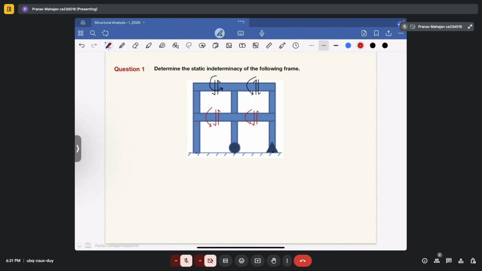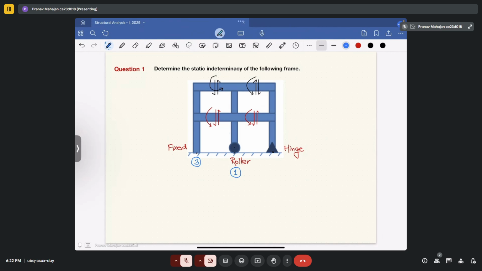Now talking about the unknowns at the supports. This is your fixed support, this is your roller support, and this is your hinge support. In the fixed support, the number of unknowns is 3: 2 are reactions, and 1 is a moment. In the case of the roller, the number of unknowns is 1, that is only the vertical reaction.